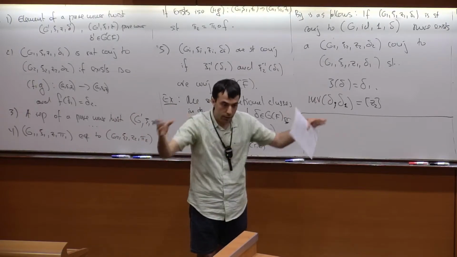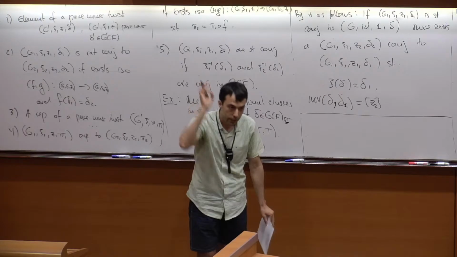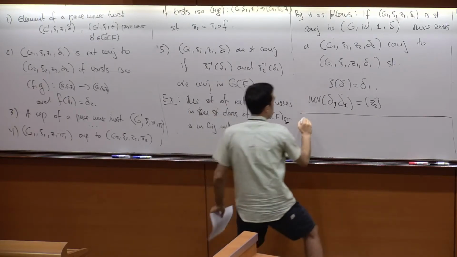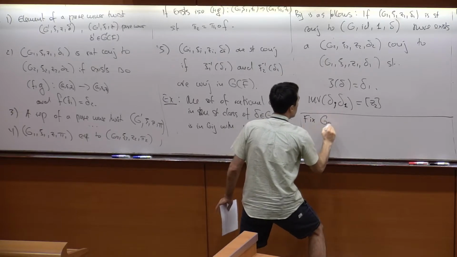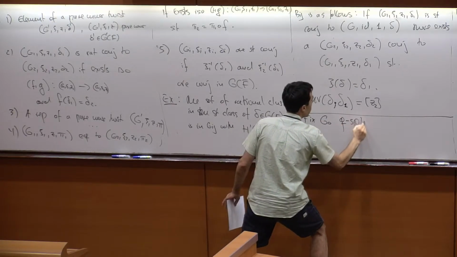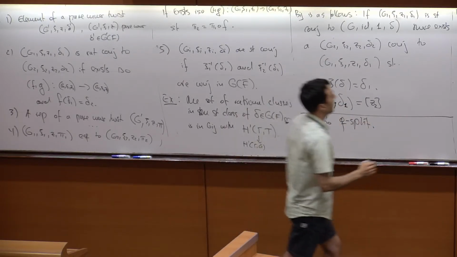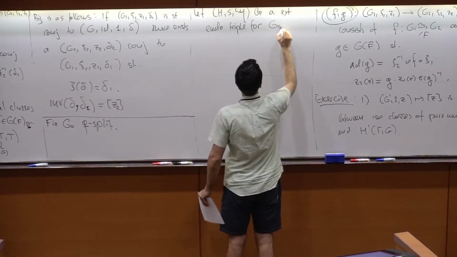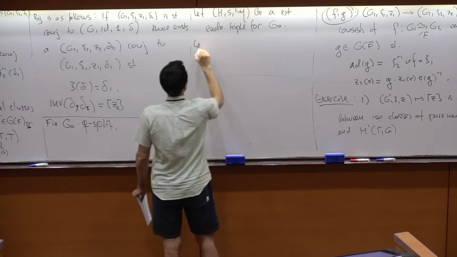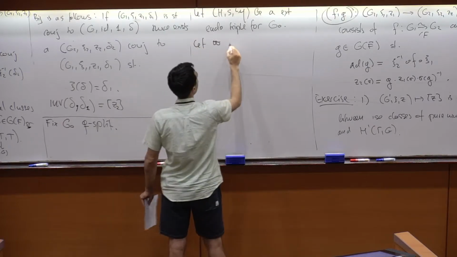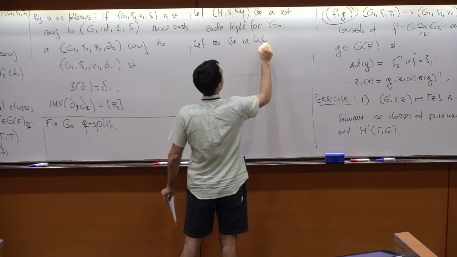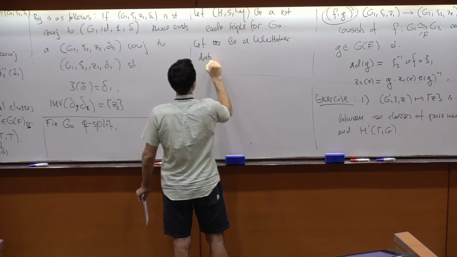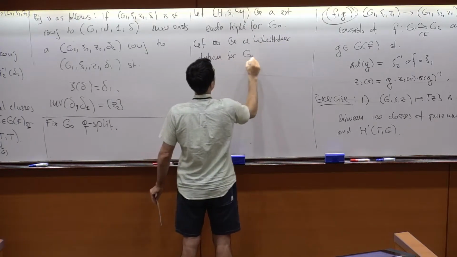Since we're treating an entire inner class, I'm now going to fix the quasi-split form and treat all of its inner forms together. So fix G0 quasi-split. Okay. Let's take an endoscopic triple for G0 and let W be a Whittaker datum for G0.